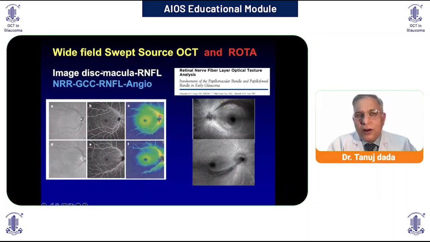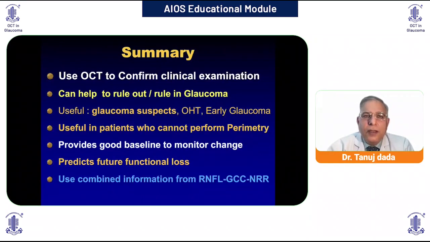So these two technologies, the wide field swept source OCT with angio overlay and the retinal nerve fiber layer optical texture analysis, are two very exciting technologies that will have increased use in the near future and improve our detection of retinal nerve fiber layer defects and ganglion cell complex abnormalities on the OCT.